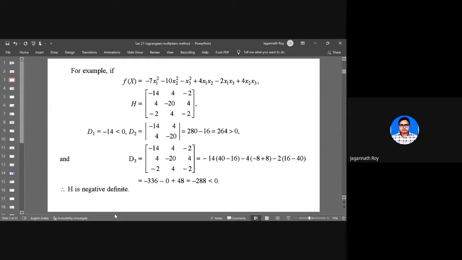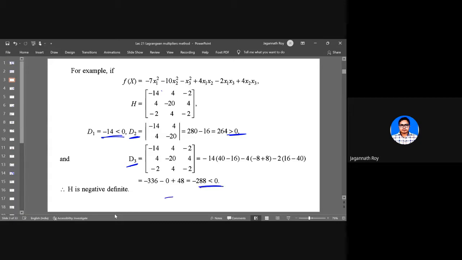If you look at this example, this is a matrix. D1 is negative, D2 is positive, and D3 is once again negative.